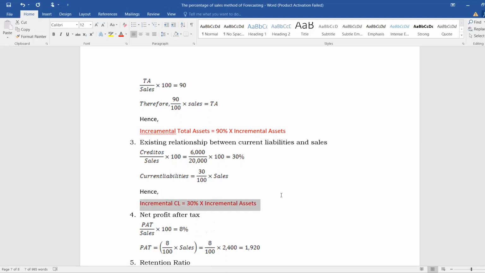So incremental current liabilities, 30% times, oh, sorry, sales. Ninyi tamuoni mnisaidie? Sasa mimi niko kivyangu tu hapa. So we know incremental sales. So we simply take 30% of 4 million.